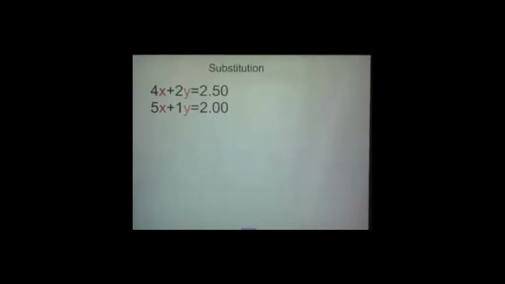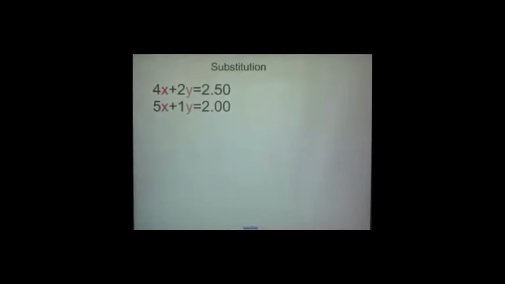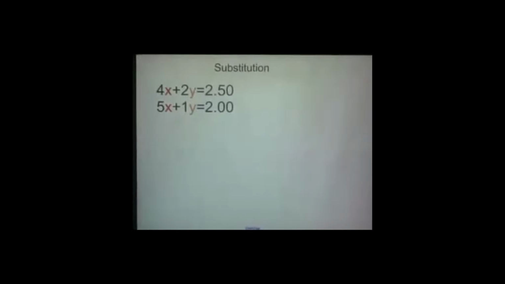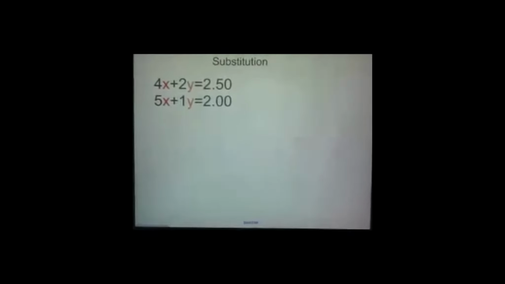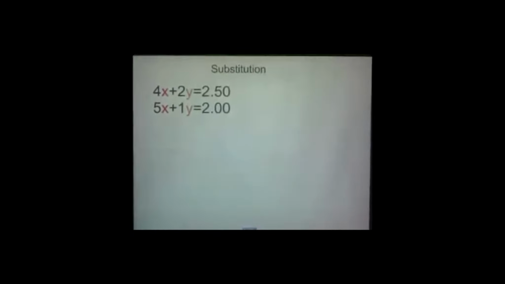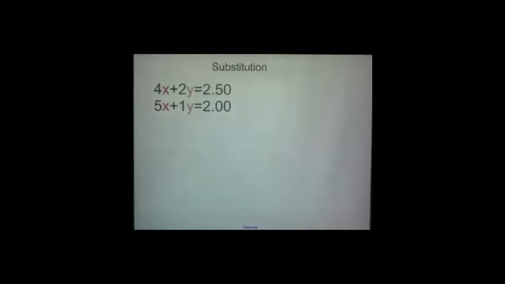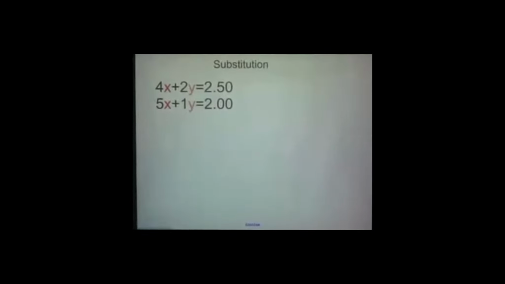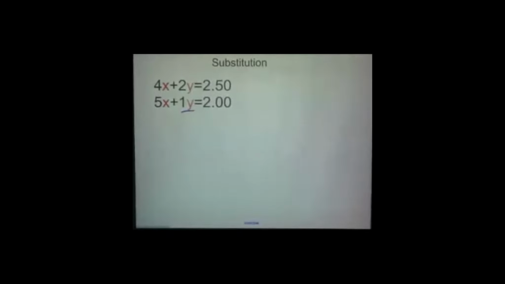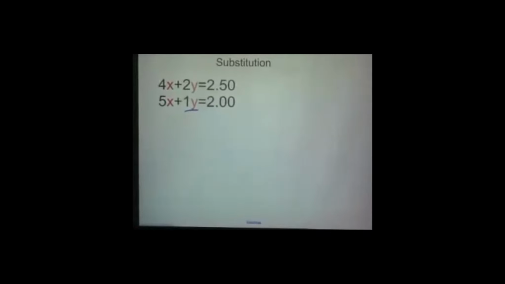Okay, our next method that we can use to solve linear systems is substitution. So in substitution, we would like to solve for one variable and then substitute that into the other equation. In these equations, it's very easy to solve for y by itself because it's already a single variable.